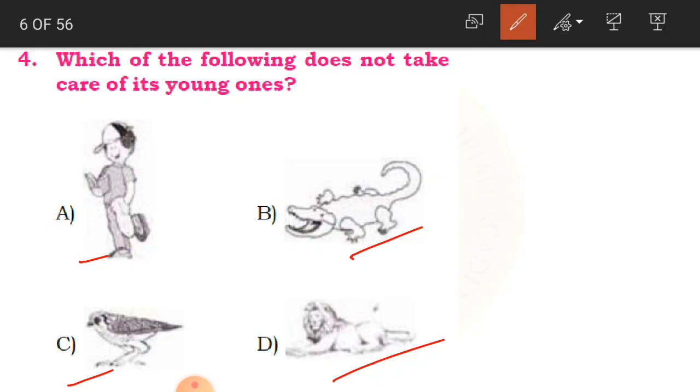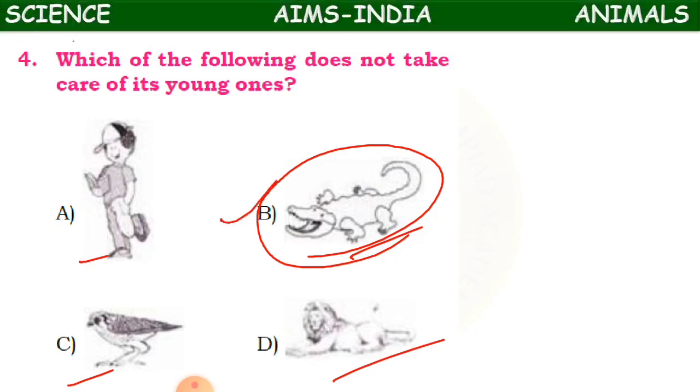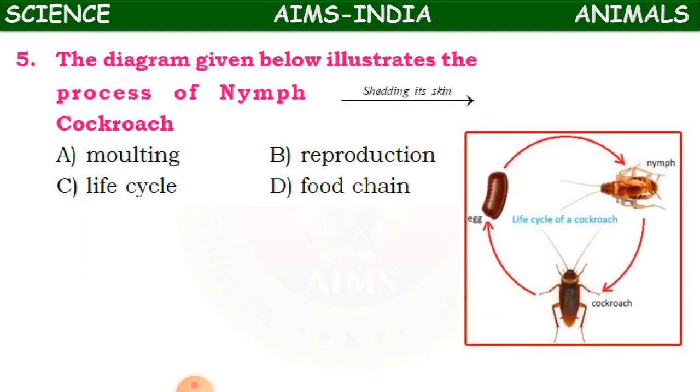Human beings, we take care of the young ones. Birds also feed the young ones with food. Even lion feeds its young one. But except crocodile, the other 3 take care. So crocodile does not take care of its young ones. B is our correct answer. Clear, children?